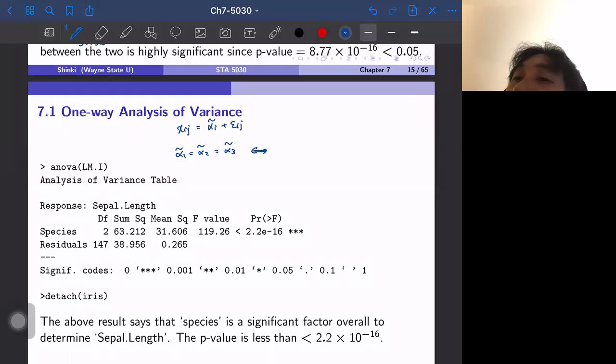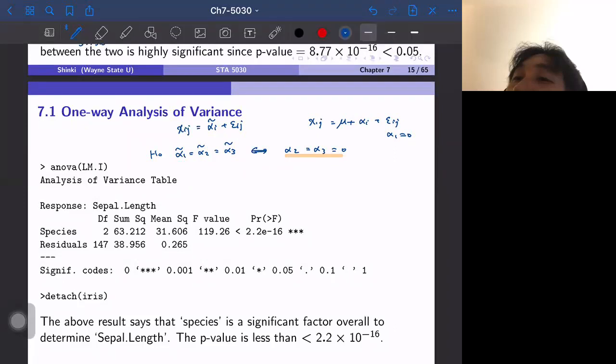Then our null hypothesis is this. But now we have the representation of mu plus alpha_i plus epsilon_ij with alpha_1 equal to 0. So that means that alpha_2 is equal to alpha_3 is equal to 0. This is the null hypothesis we want to test.